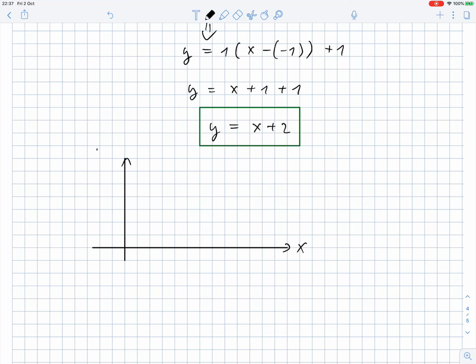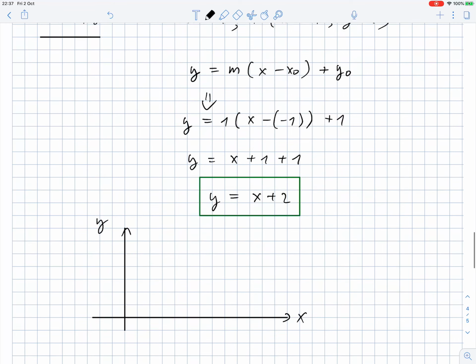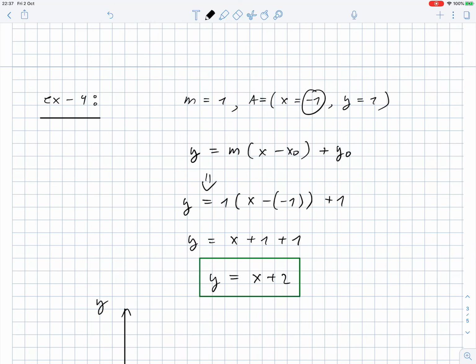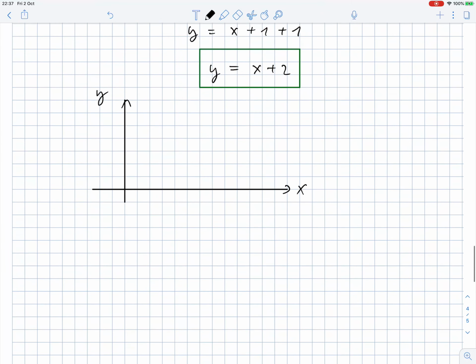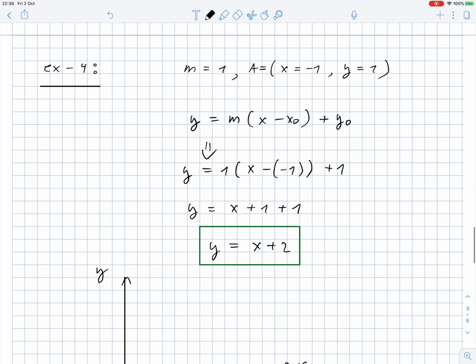X, y. Okay, which shows minus 1. Let's assume x equals 0. When x equals 1, then y equals 1 plus 2 equals 3. So we have one point B, x equals 1, y equals 3, and we'll use this as a second point.